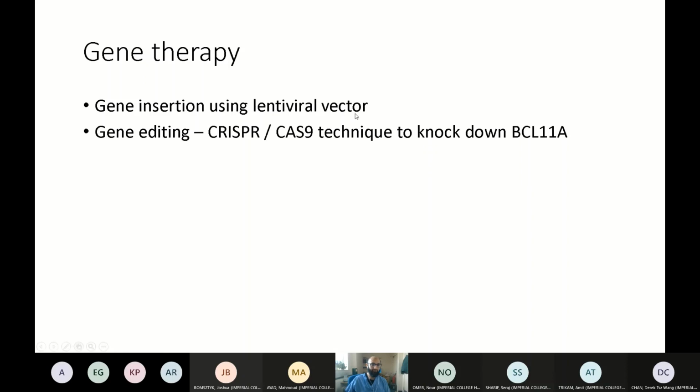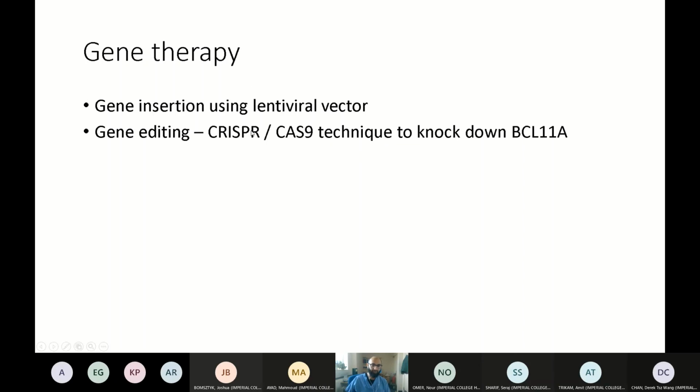One is using a lentiviral vector to introduce the beta hemoglobin gene into the stem cells. So essentially stem cells will be collected from the patient, following which they'll have a myeloablative conditioning regime, and the cells will be manipulated using this lentiviral vector to insert the beta hemoglobin gene into the cells, and then these cells will be reinfused into the patient.